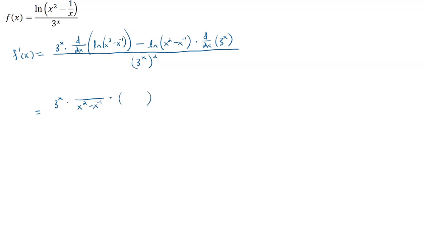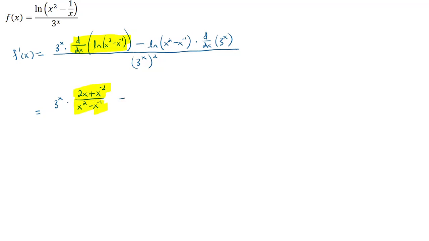Either way is perfectly fine. I'm going to go ahead and put it on the top. X squared, the derivative is 2x, minus the derivative of x to the negative first. So I'll bring my power down front, so that actually changes to a plus. X to the negative second when I subtract 1 from the exponent. So that's the derivative of this natural log.